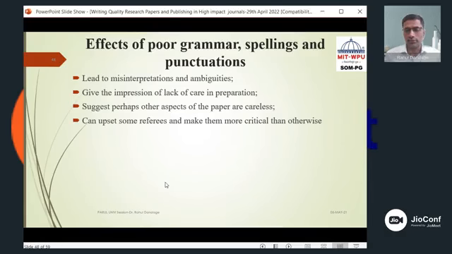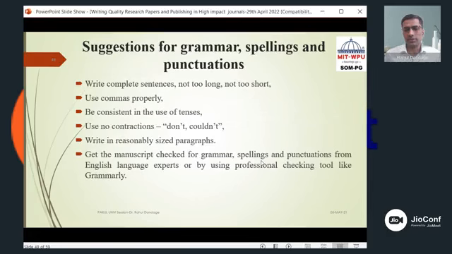If we are submitting to some Indian journal, maybe they may not be giving much focus to that. But if we are submitting to some global publisher, language will be one of the most important issues they will be looking at. So these are some very common suggestions for grammar and punctuation, and any language expert will be able to help you out in this.